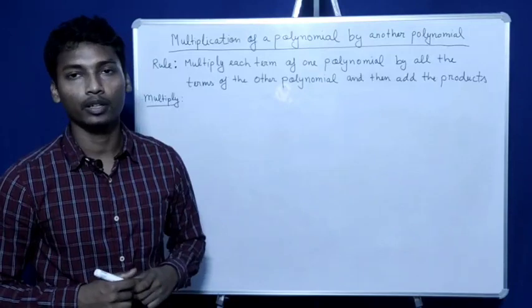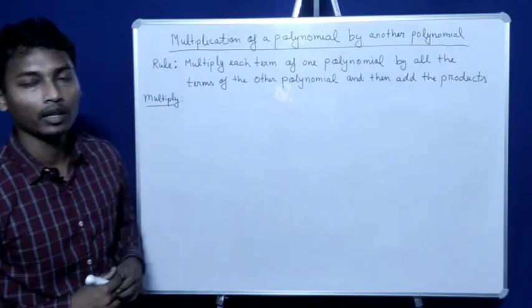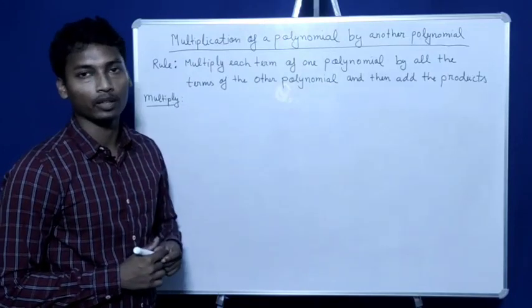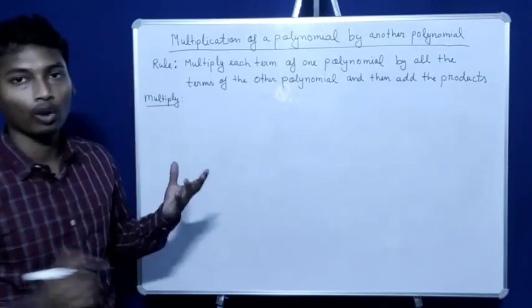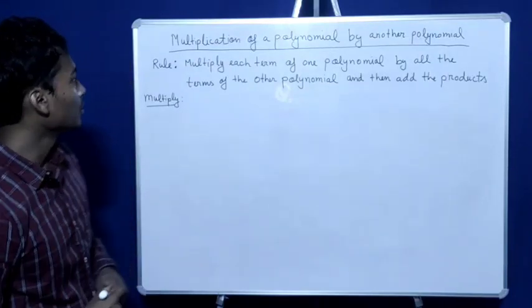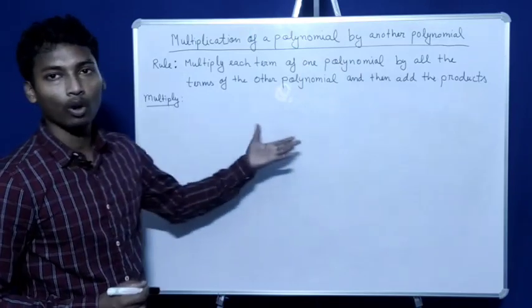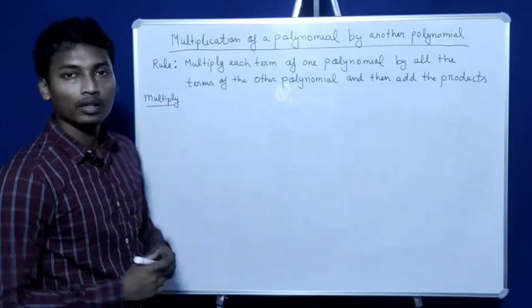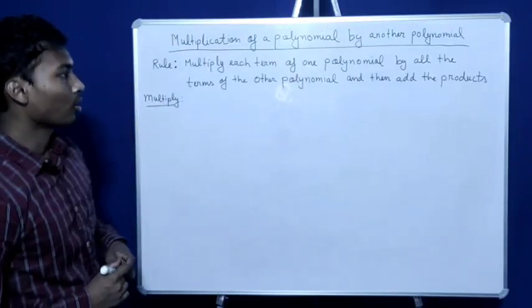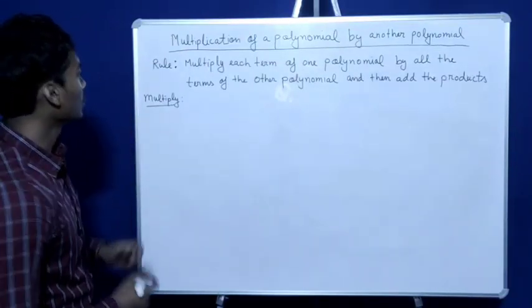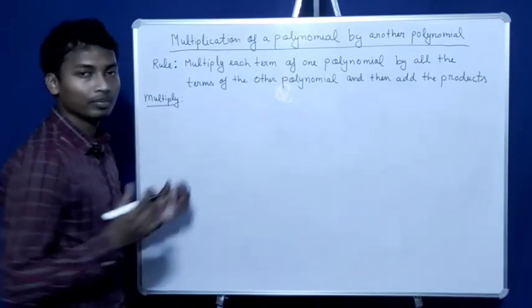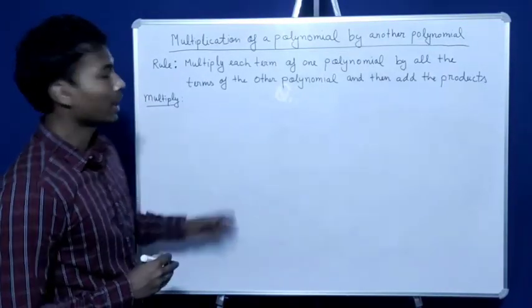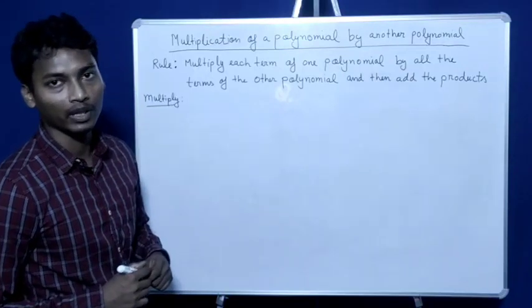There is another method that you can follow to multiply a polynomial by a monomial or a polynomial by another polynomial, which is the column method. Now once you are comfortable with the horizontal method that you did just now, you can apply the column method. So let's take the previous examples and find the solution using the column method.